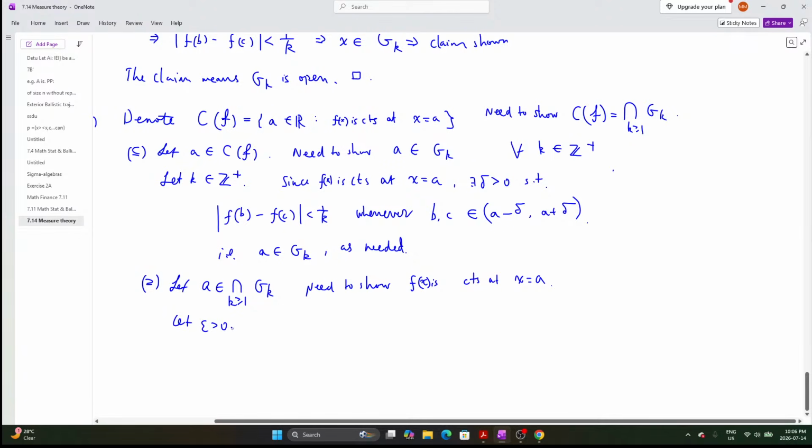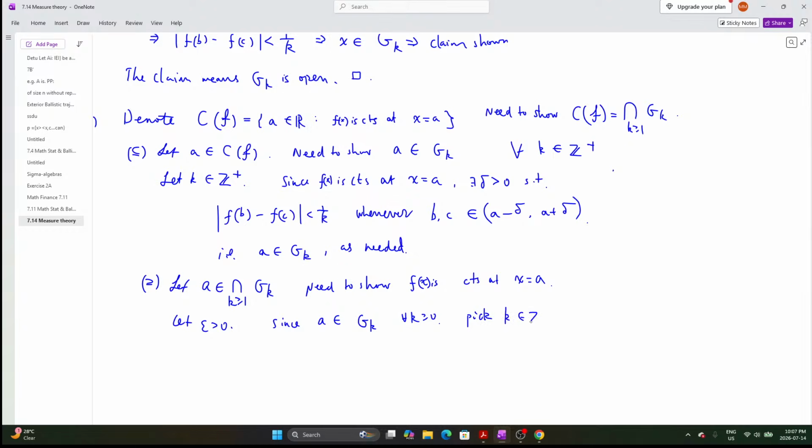Since a belongs to GK for all k greater than 0, we can pick k in Z plus such that 1 over k is less than epsilon. This is possible due to the Archimedean property.